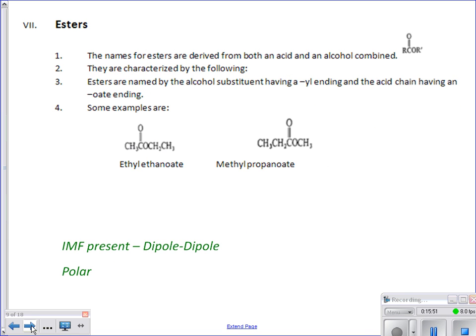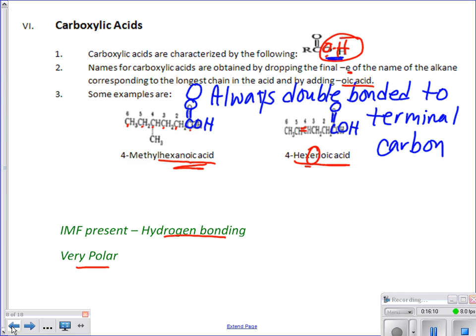And our last one, I believe, are esters. The names of these are derived from both an acid and an alcohol. What you're going to see here, again, is that double bonded oxygen to a carbon and another oxygen next to it. That should look kind of familiar. That's almost what we saw here.